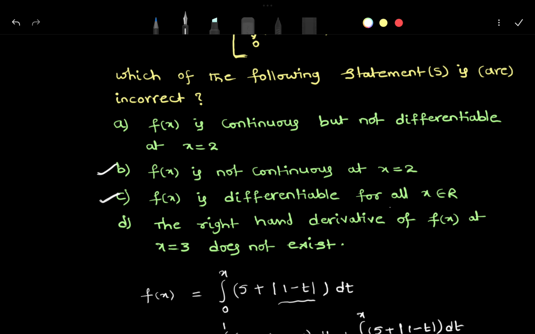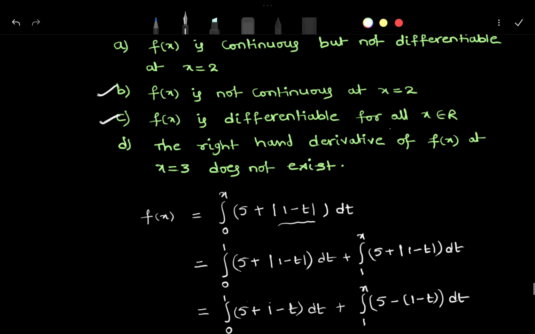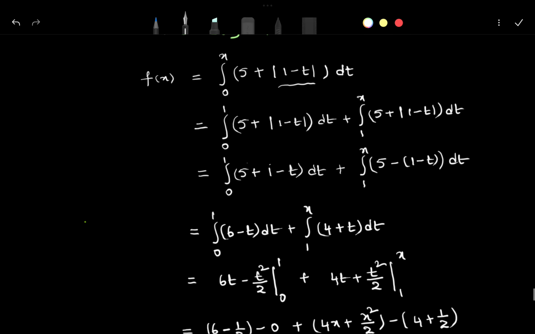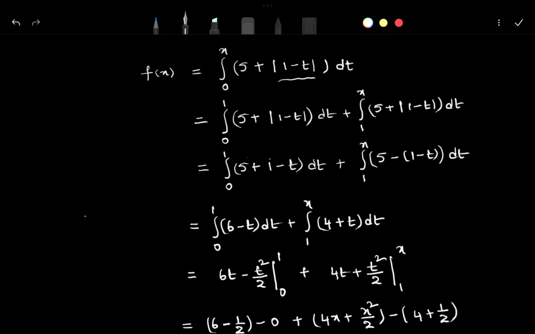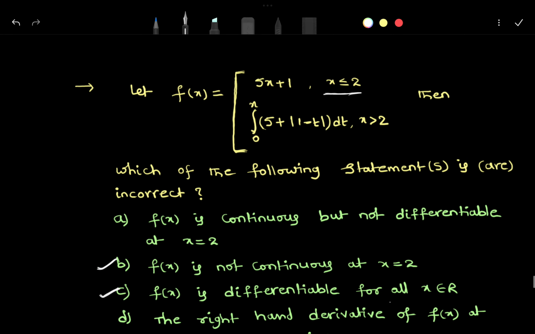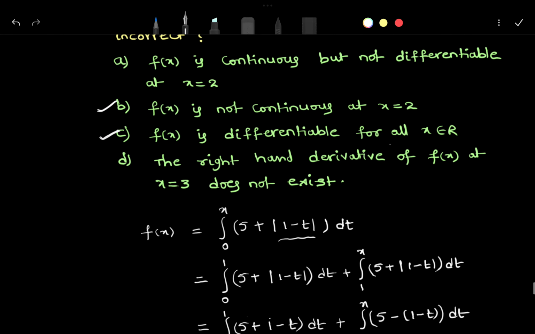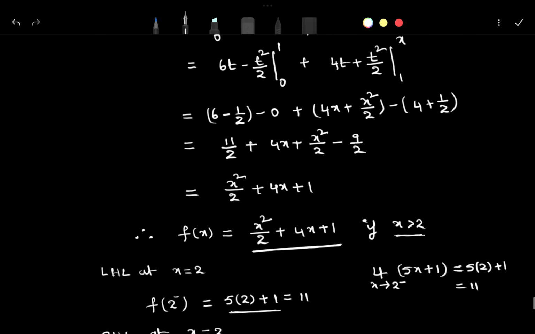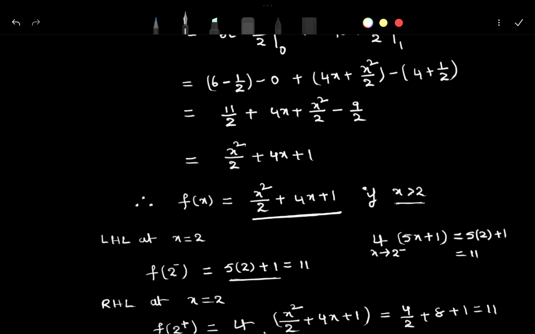Next one, the right hand derivative of f of x at x equals 3 does not exist. Right hand derivative means when x is greater than 3. So when x is greater than 3, x value is greater than 2. So when x is greater than 2, f of x value will be x square by 2 plus 4x plus 1.